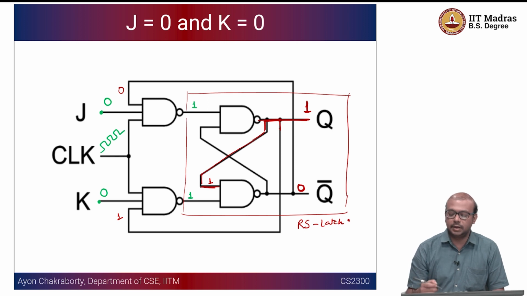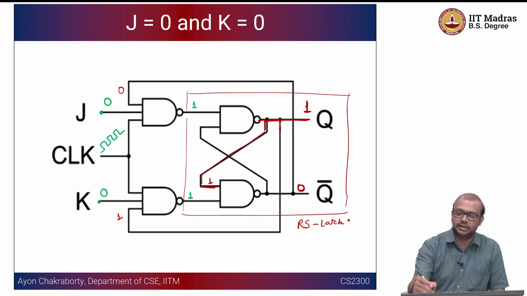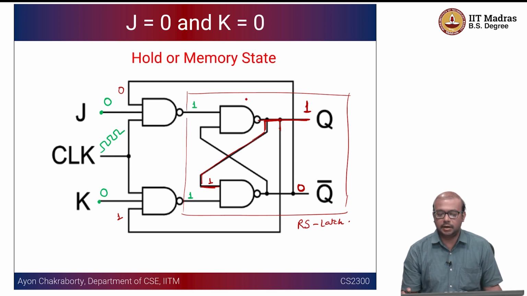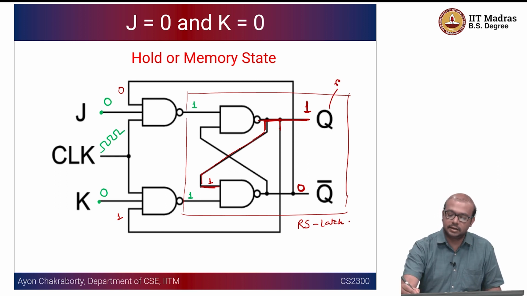So this is basically going to act as a memory hold state, which means that it is remembering the previous input. So Q and Q bar are not going to be changing depending on the value of J and K. If J and K are equal to 0 and 0, Q is going to be retained, and of course Q bar is also going to be retained.